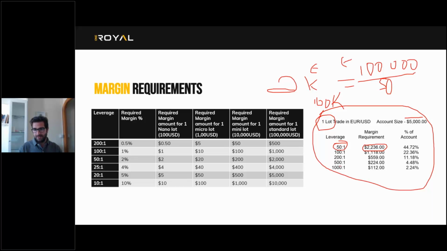However, if we take this example here, we will remove 50 and we will use 1,000. So to be able to trade 100,000 with a leverage of 1,000, so you have here a leverage of 1,000 to 1. That means for each dollar you deposit you will get 1,000.